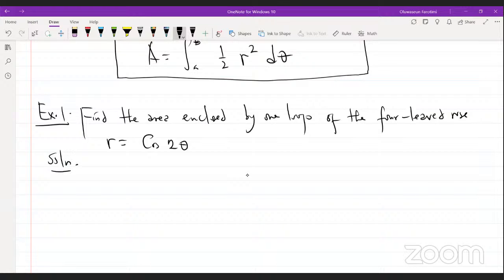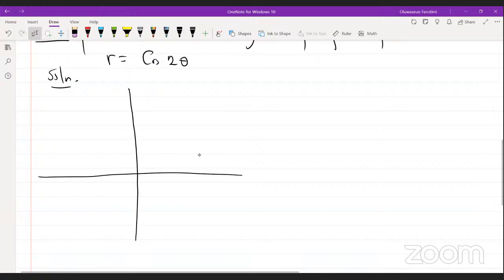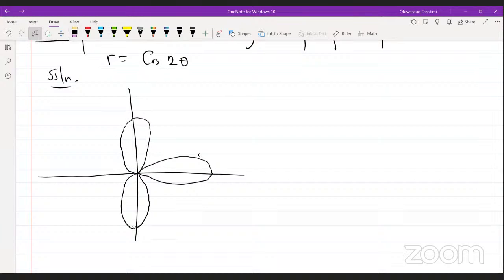Solution. I always advise you to make a sketch of your curve. In your geometry, the four-leaved rose, this is just one loop. This is another loop. This is another loop, and this is another loop.